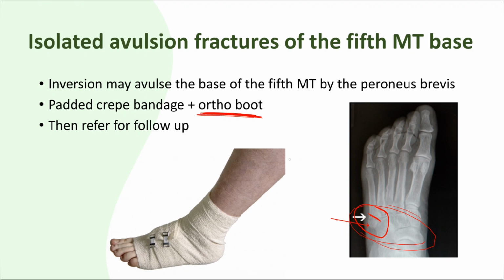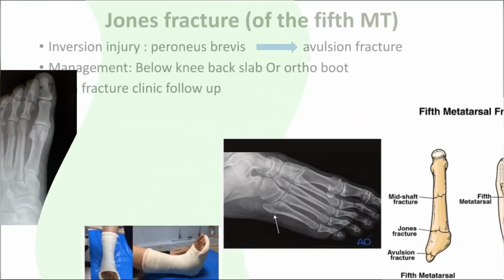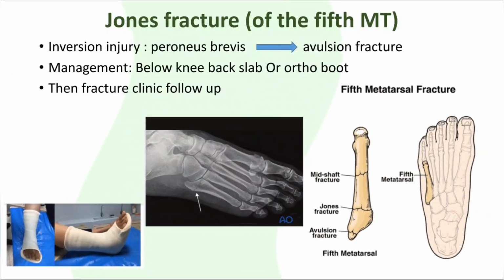Then refer for follow-up. We have Jones fracture of the fifth metatarsal. Again, there is an inversion injury because of peroneus brevis leading to avulsion fracture. The management includes a below knee back slab and fracture clinic follow-up.